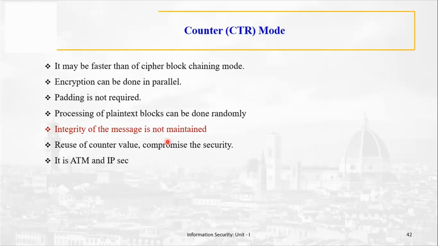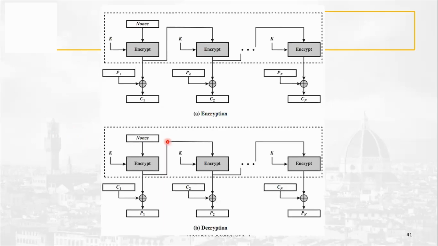Now we want this process to be as fast as possible. How to make it very fast is to reduce this chaining process. If you are using a nonce here, what if you create a nonce for each round: a separate nonce 1 which will not be used for anyone else, nonce 2 which will again not be used for anyone else.